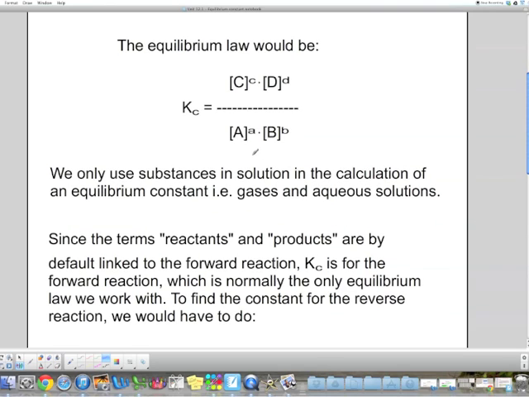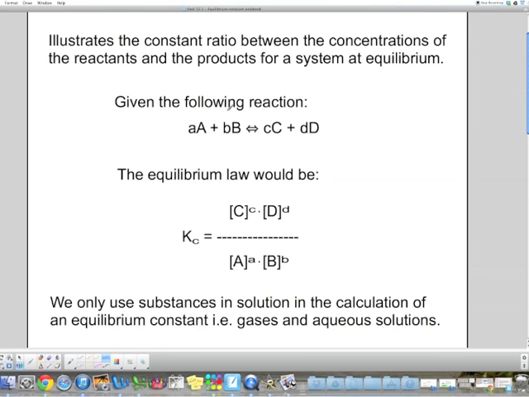Now, when we talk about reactants and products, we're always referring to the forward reaction. So these are the products for the forward reaction, and these are the reactants for the forward reaction. If we wanted the constant for the reverse reaction, we could do it two ways. Either flip the fraction over, because the A and B, if we look at the reaction, would become the products, and the C and D would become the reactants, so it would be the other way around.